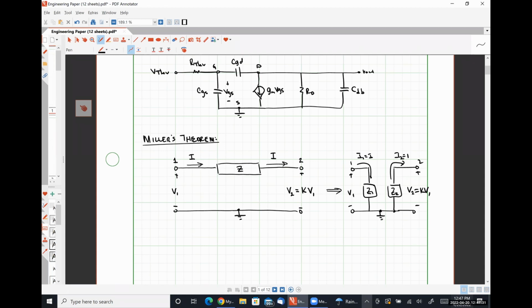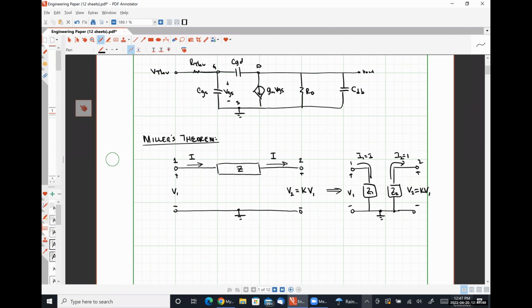So in the left-hand circuit, the only way that node 1 feels the impedance Z is by the amount of current that's drawn away from node 1.